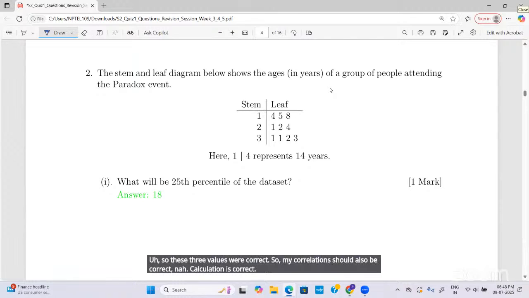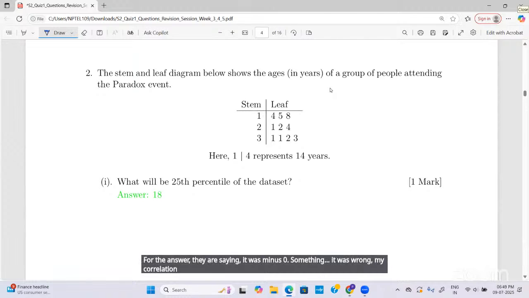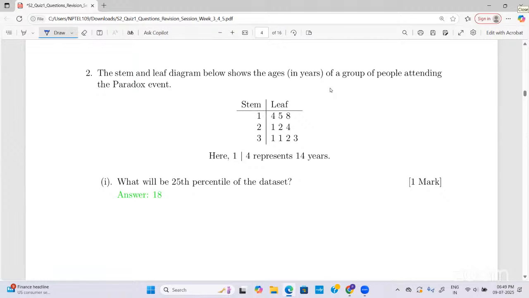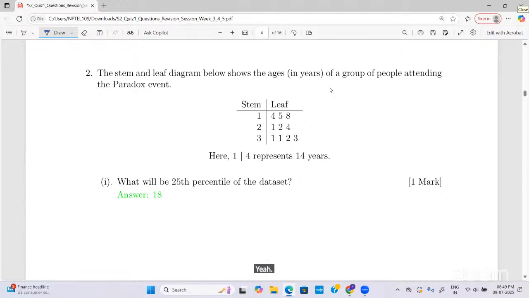I got minus 0.77, but for the answer they are saying it was minus 0 point something. My correlation coefficient was marked wrong. See, if you are doing decimal calculations and you round to one decimal place or two decimal places, the value gets changed. Yes, the value will change, but for the given range, mine is correct.